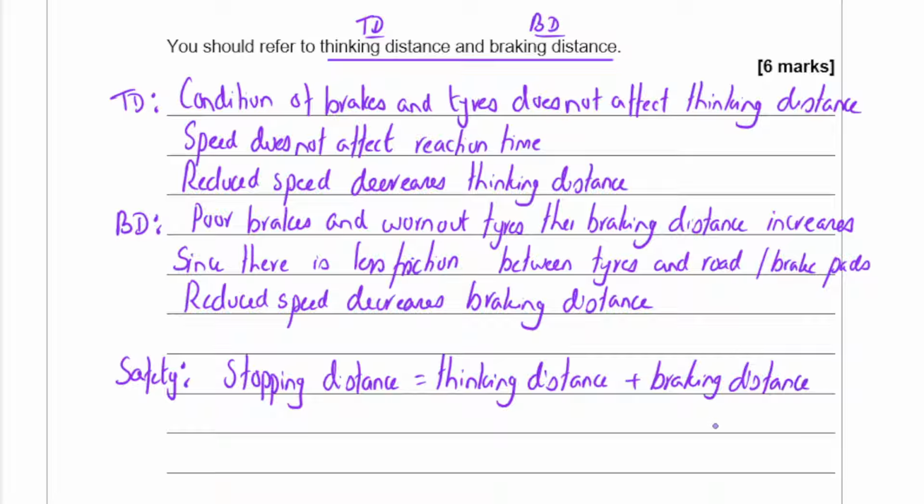So what happens if you have really bad brakes? We've already said, if you have bad brakes and bad tires, your braking distance increases. That means your stopping distance will increase. Poor brakes and tires increase stopping distance.